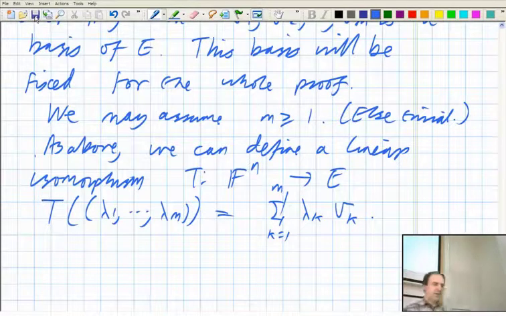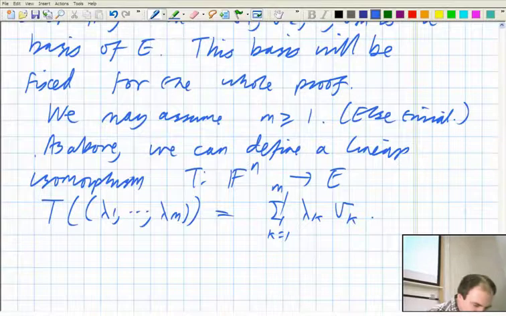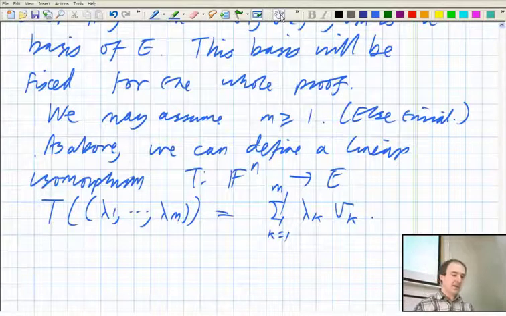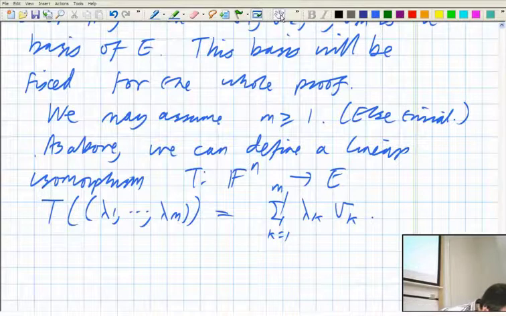It takes your vector of scalars and makes an appropriate linear combination of your basis out of it, and that gives you a linear isomorphism from F to the m, not F to the n, to E.